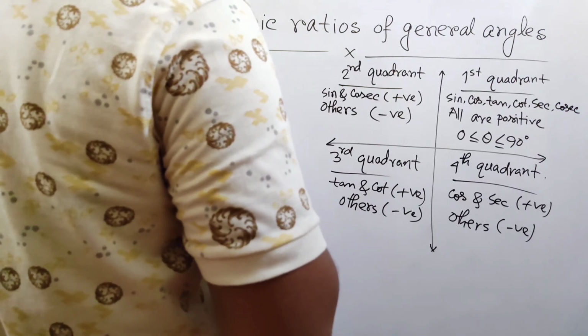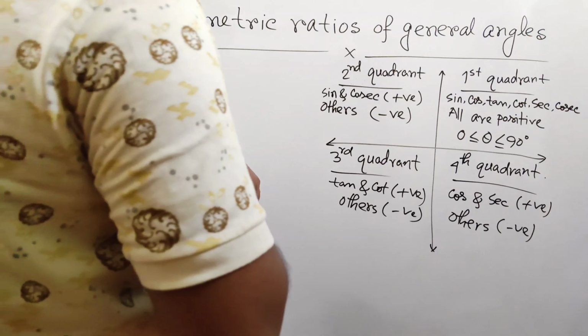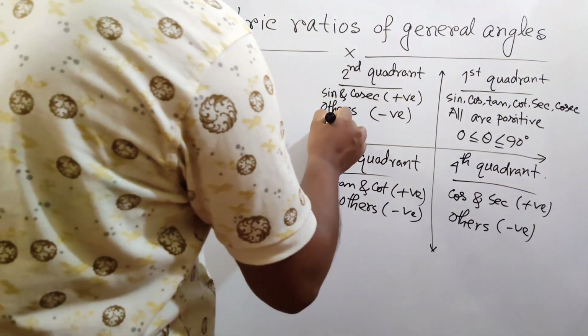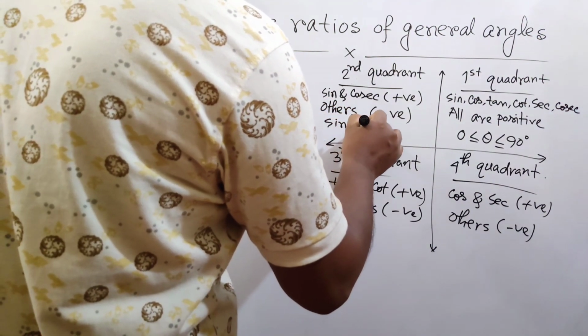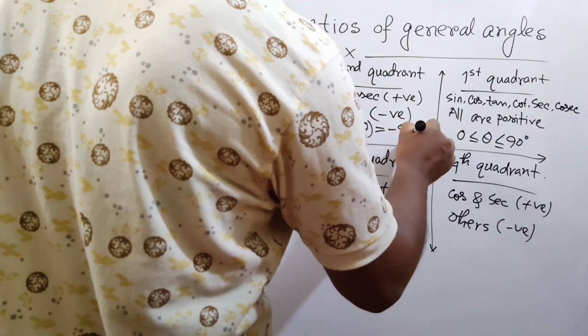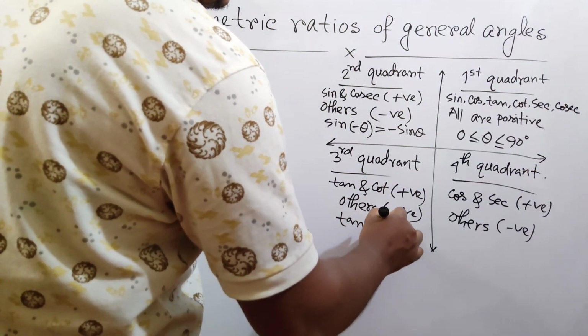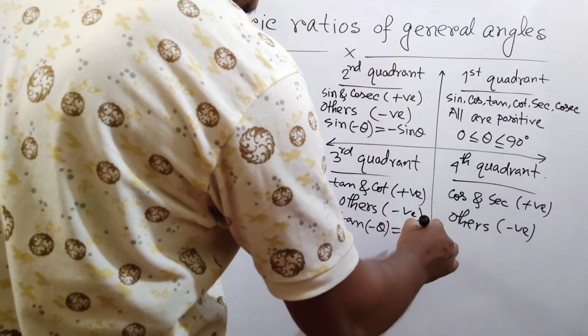Another thing you need to know: if the given angle is negative, then for sine, sin of negative theta equals negative sin theta. Tan of negative theta equals negative tan theta.